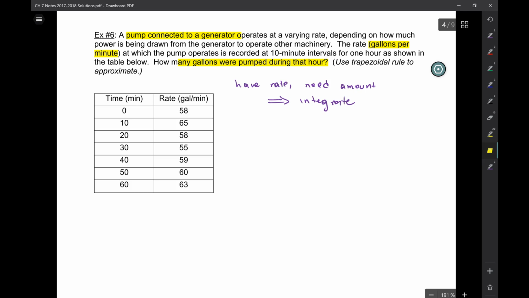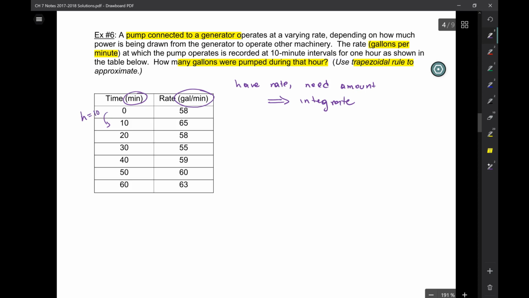What other ways do we know to find area? Trapezoidal rule. Okay? So just make sure you have minutes and you have gallons per minute. They are coherent. Each interval is 10, so the height is 10.